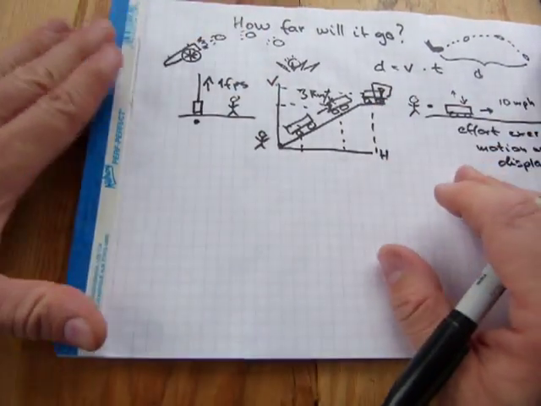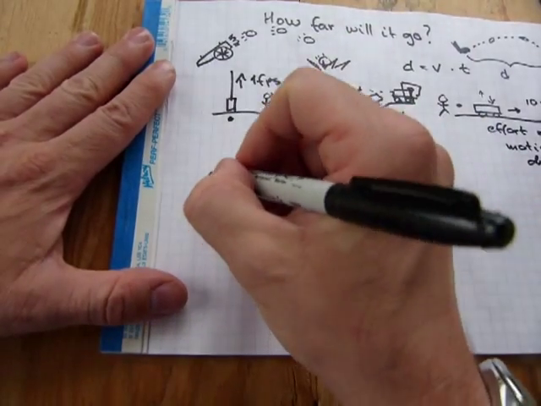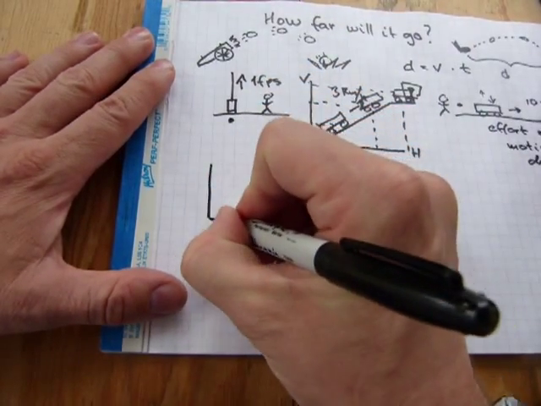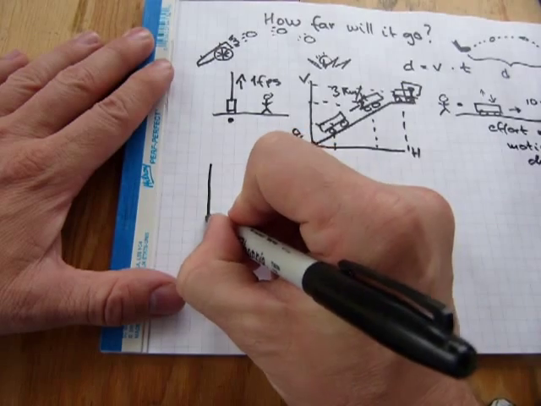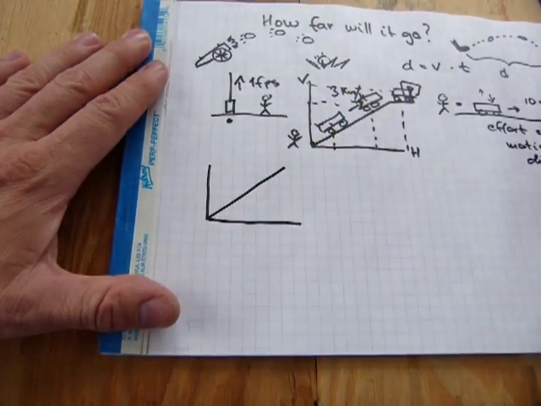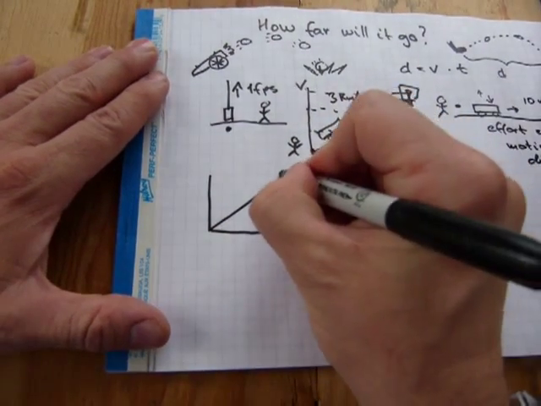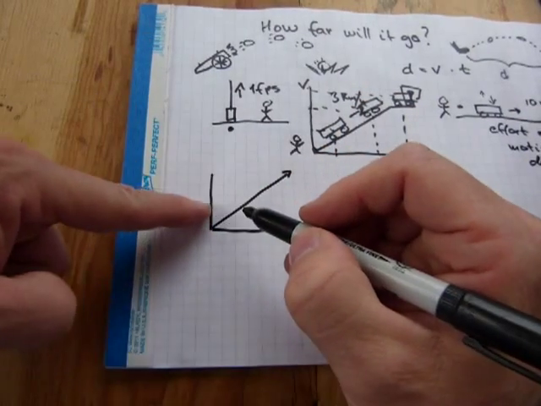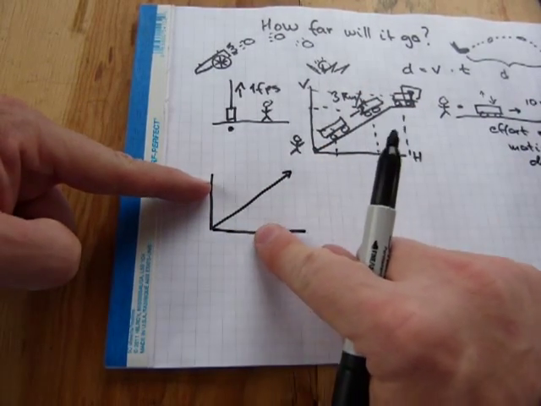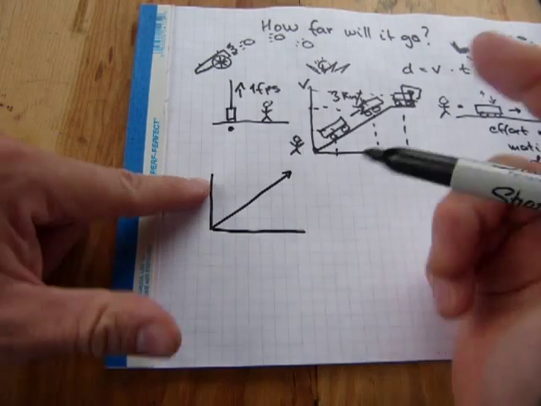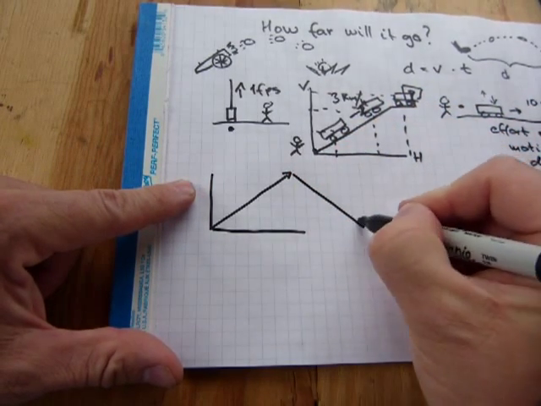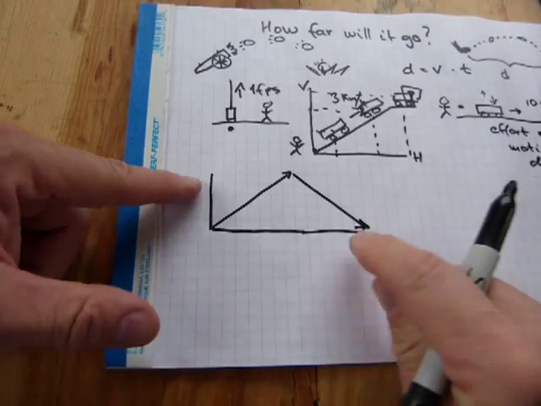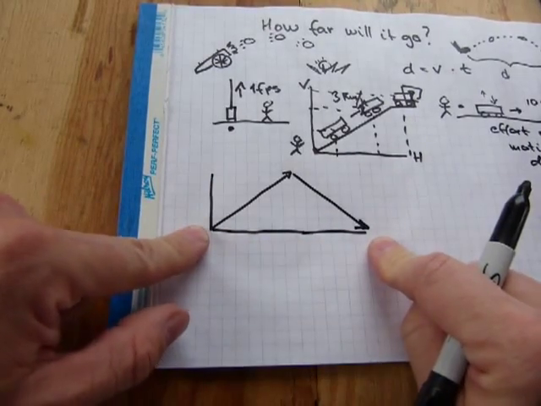And the same situation is happening to a projectile shot at an angle. Say if a bullet leaves on a trajectory like that, it's both rising and moving ahead horizontally, and after a while it's going to come back, and we're trying to calculate this distance.